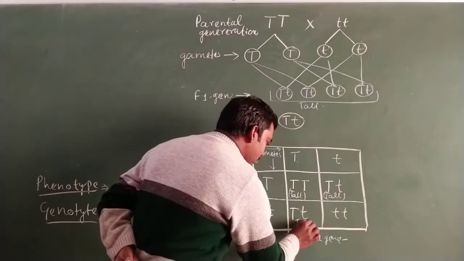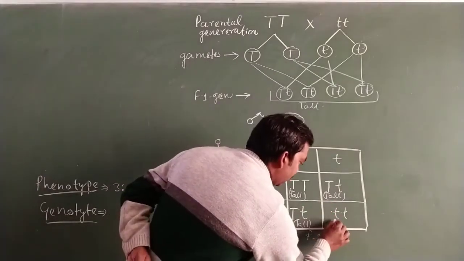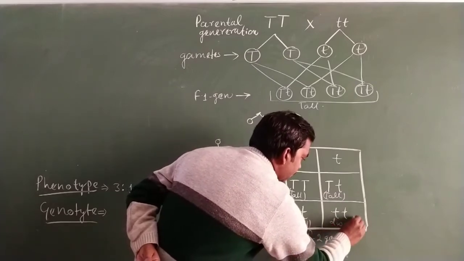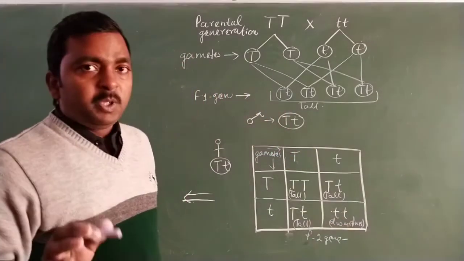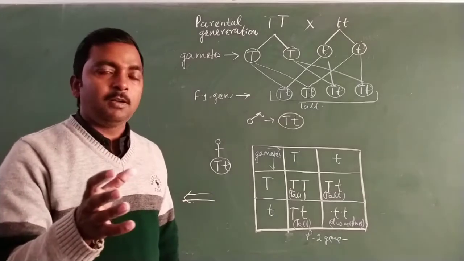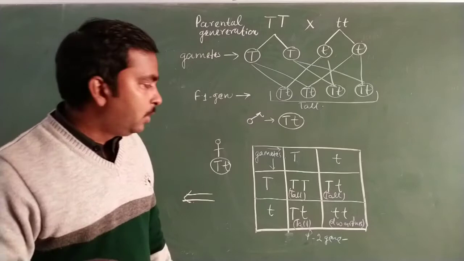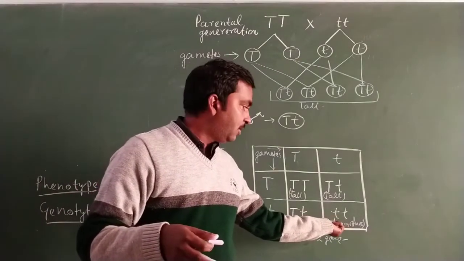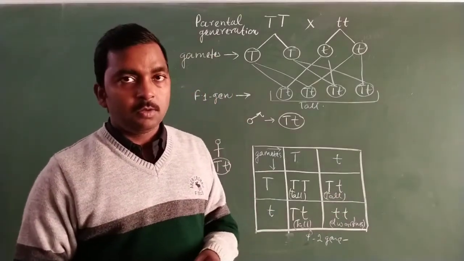This gene is also responsible for tallness, while the last gene is responsible for dwarfness. It means the dwarf character of the pea plant will only show when the recessive gene, or the gene of dwarfness, comes in the homozygous condition.